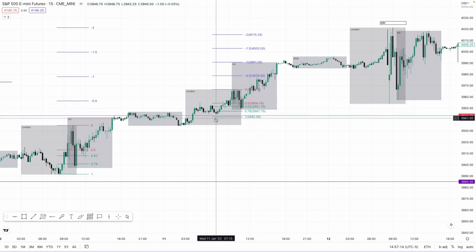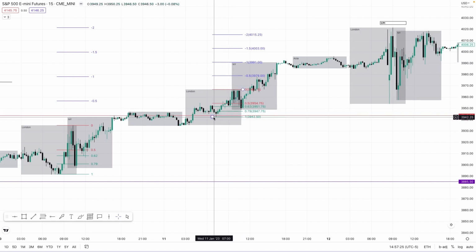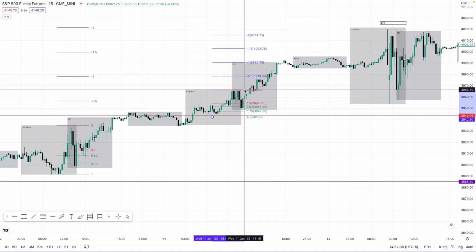So when we're looking at the New York kill zone again, here we have a swing low. That's the 7 to 10 o'clock New York kill zone. We have a swing low, so we'll mark our fib. We've created a swing high, and this is even better because we have equal highs, so we know we're going to come up above those equal highs.